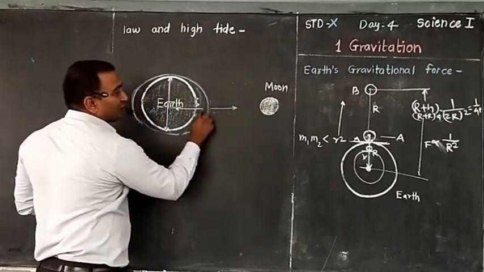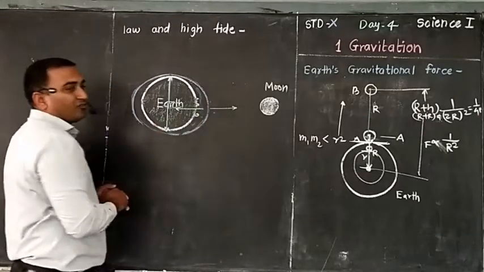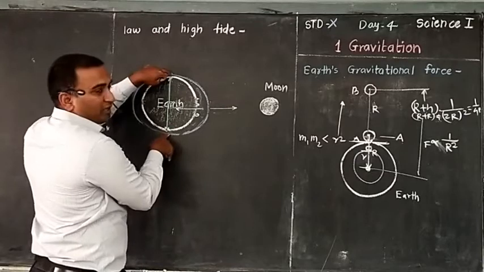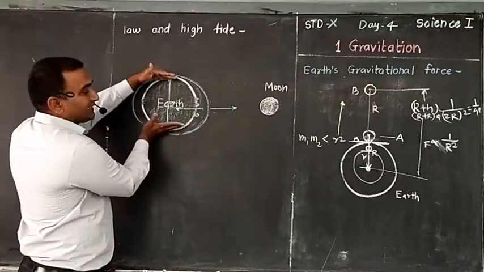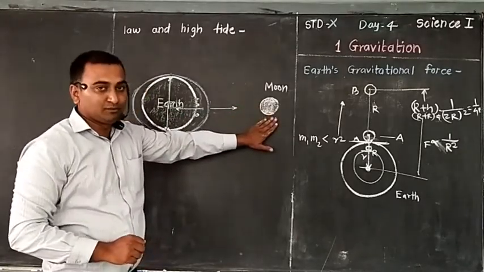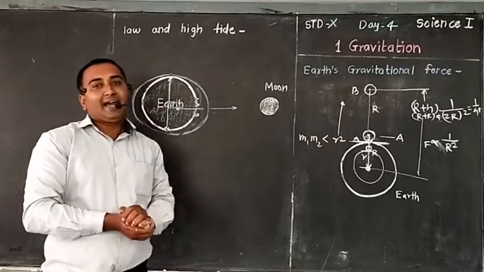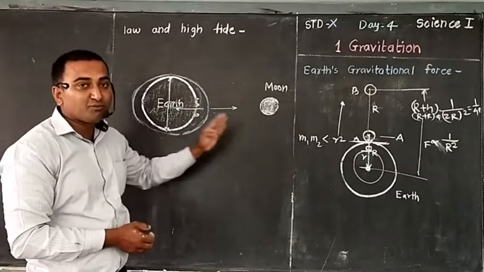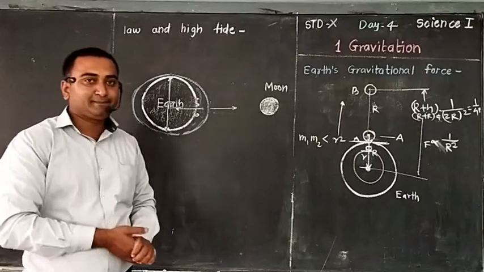So below the moon we get high tide because of the increase in water level, and exactly 90 degrees away at two locations we get low tide because the water level decreases. So it totally depends on the moon. Wherever the moon is, below the moon we get high tide. So the gravitational force of the moon is responsible for low tide and high tide.